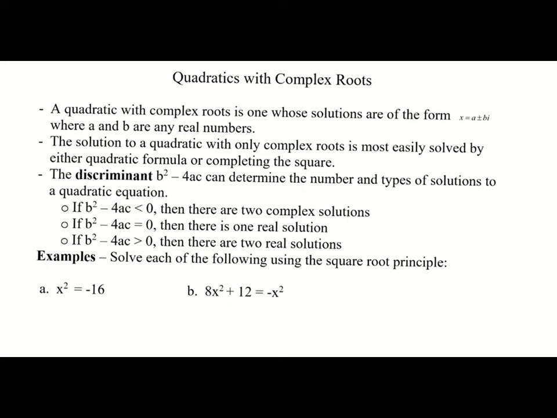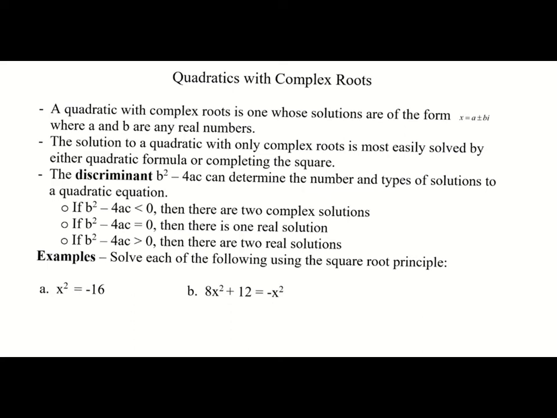if I get a number that's greater than 0, my discriminant is a positive number. That means that there are 2 real solutions. So the graph is going to cross the x-axis twice. If the discriminant is equal to 0, that means there's 1 real solution.